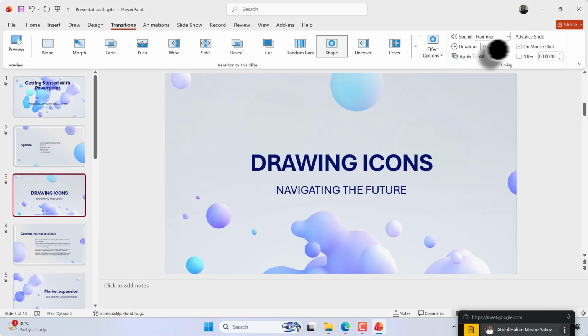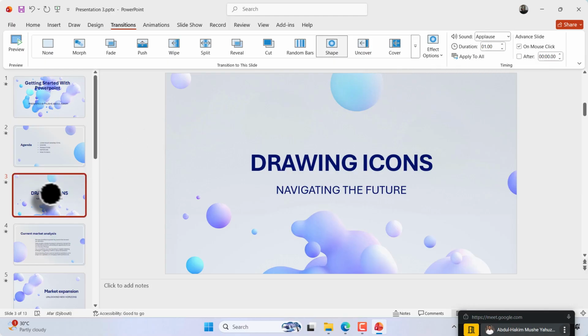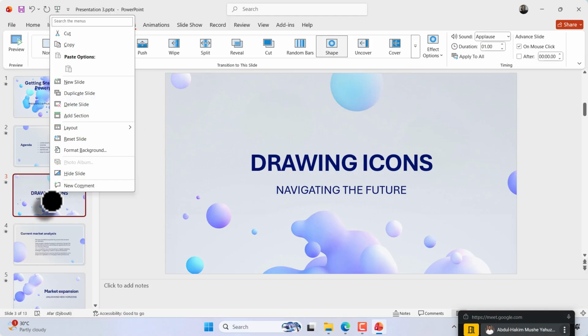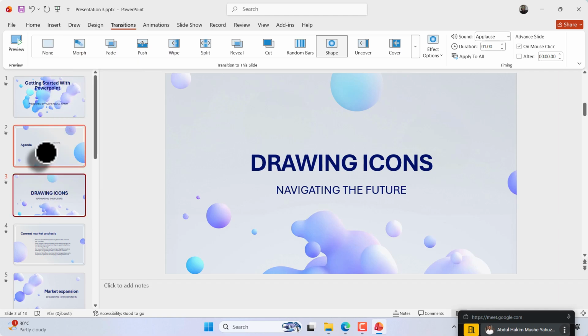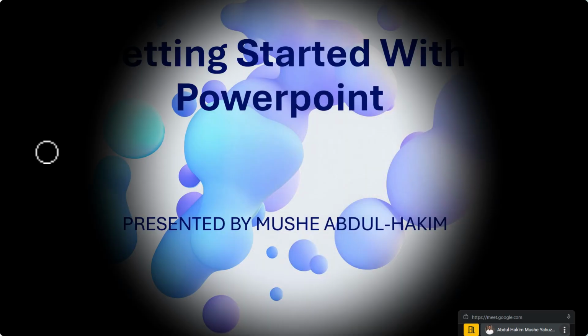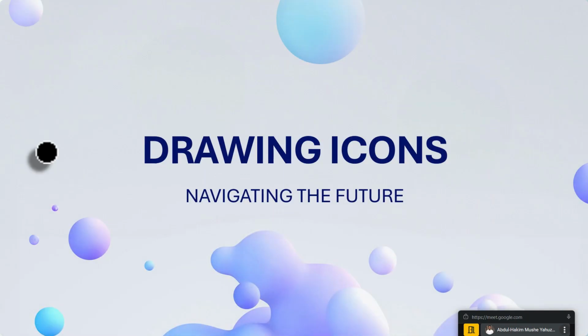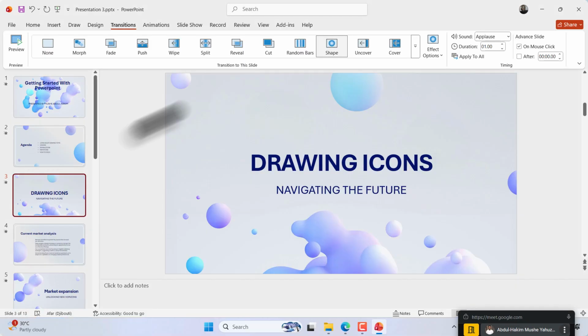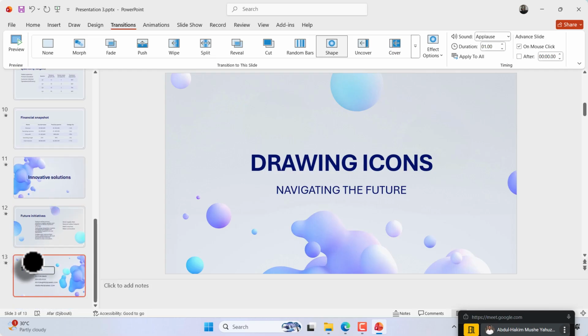So you're able to customize how long it will last and then the sound. Okay, so if you want it to be an applause, you can do that. I'm going to present from this slide. So you might want to use the applause when you are on your last slide, right?